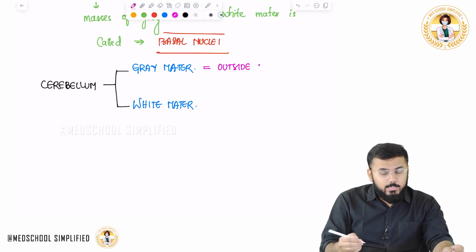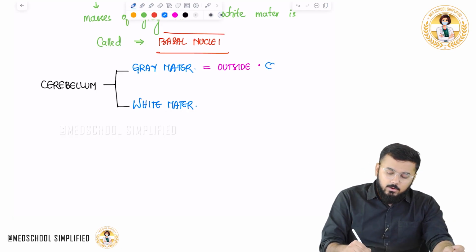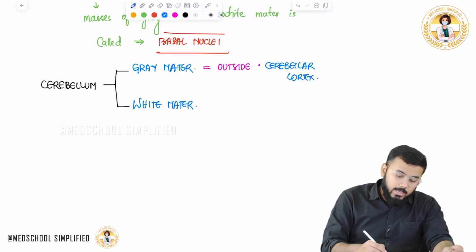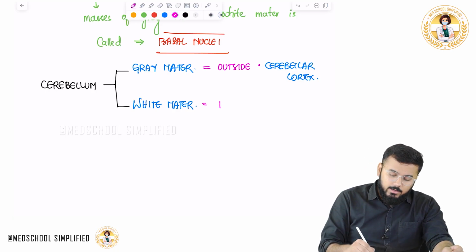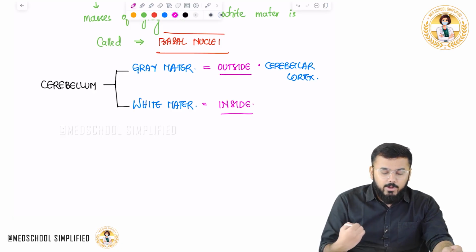Outside in the sense, which cortex? Previously we called it cerebral cortex. Now we have to call it cerebellar cortex. And next we even have white matter inside. So gray matter outside and white matter inside.